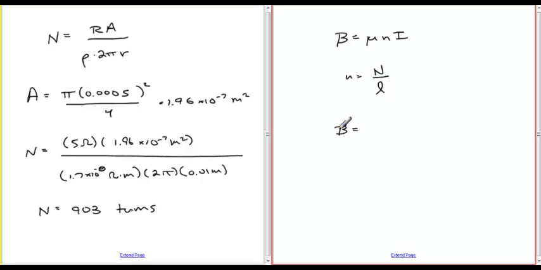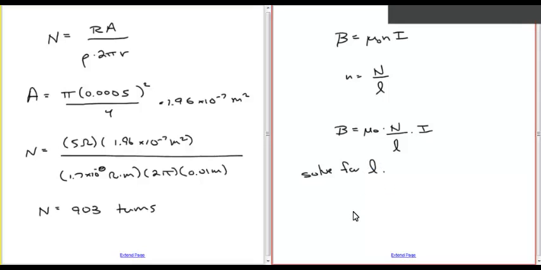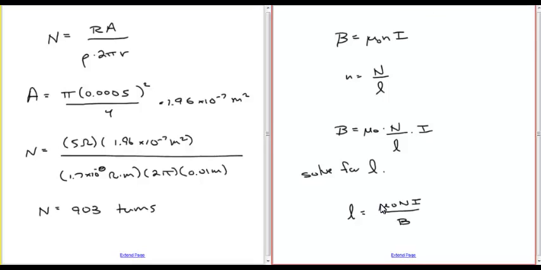Let me plug in. The magnetic field is mu0 n, but small n is capital N divided by L, times I. I want to solve for L. So L is equal to mu0 N I over B.